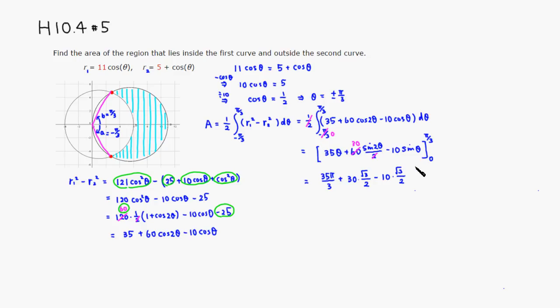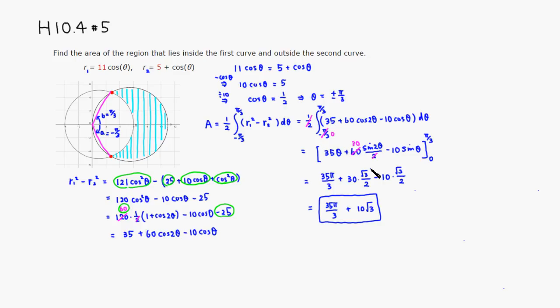If you plug in 0, it's all 0, so that's it. So you're going to get 35 pi over 3 plus 30 minus 10, so it's a 20, divided by 2, so it's going to be 10 square root of 3. So this is the area of the shaded region.